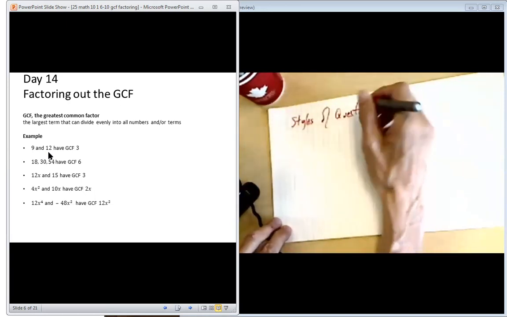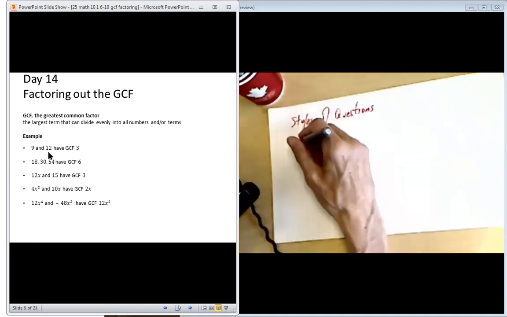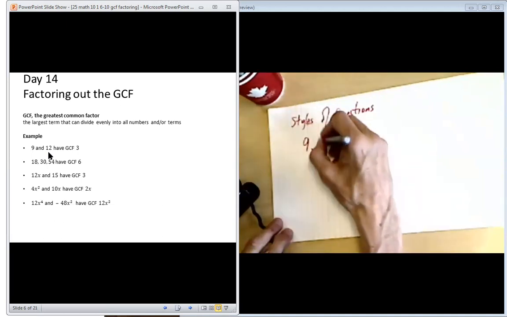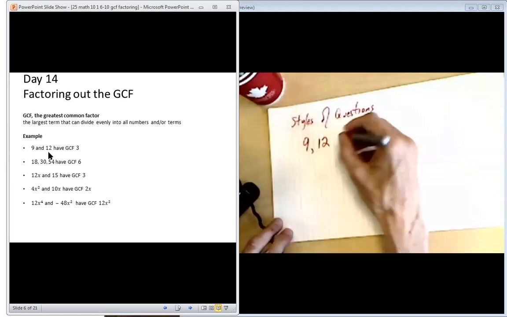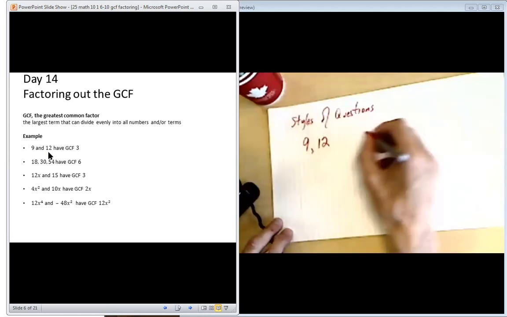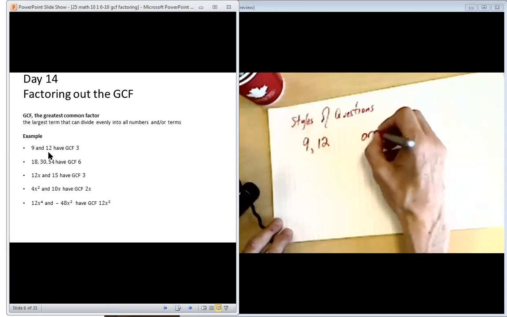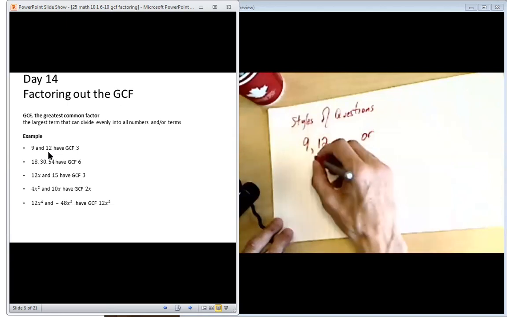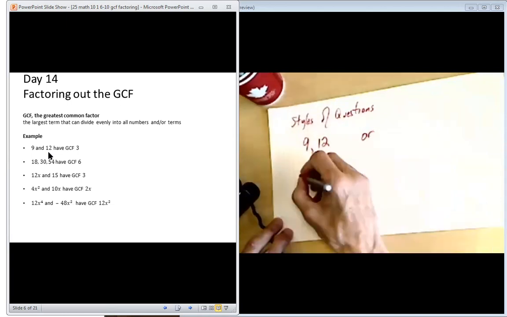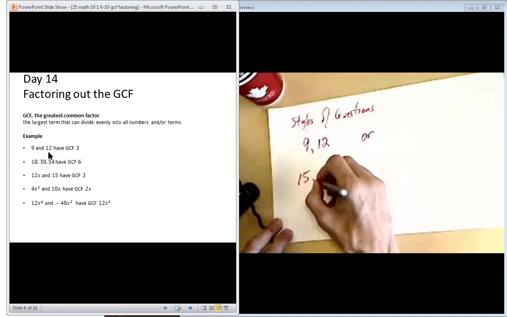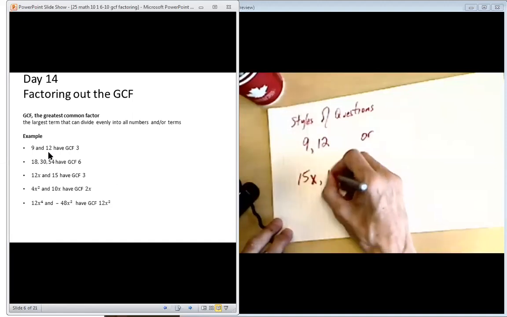One will be 9 and 12, just like that. Or along the same style, might be 15x and 10.